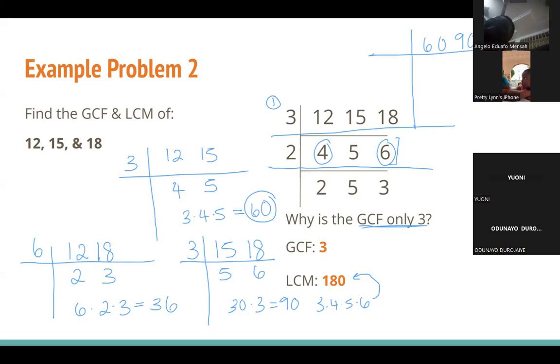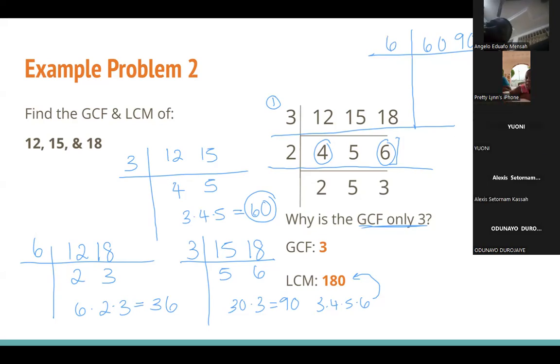Yeah, we can try taking out 6. Okay, so 60 divided by 6 is 10. 90 divided by 6 is 15. And 36 divided by 6 is 6.